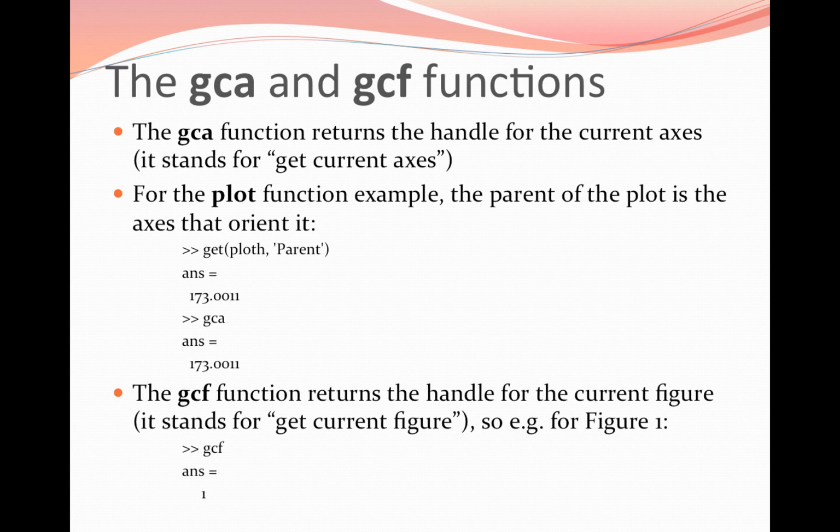You won't be able to make sense of the real number. But you can see that we get the same real number with GCA. So in other words, the parent of the plot function is the axes that are used to orient it. The GCF function gets the current figure. So if you have different figure windows open, figure 1, figure 2, figure 3, etc., it'll tell you the number of the current figure. For example, if we're on the first figure, GCF would return 1.